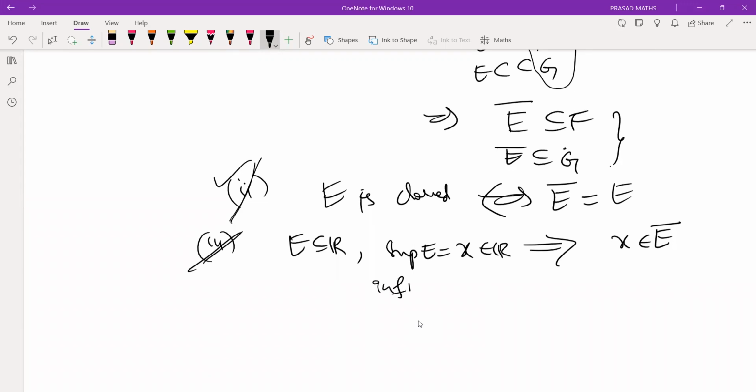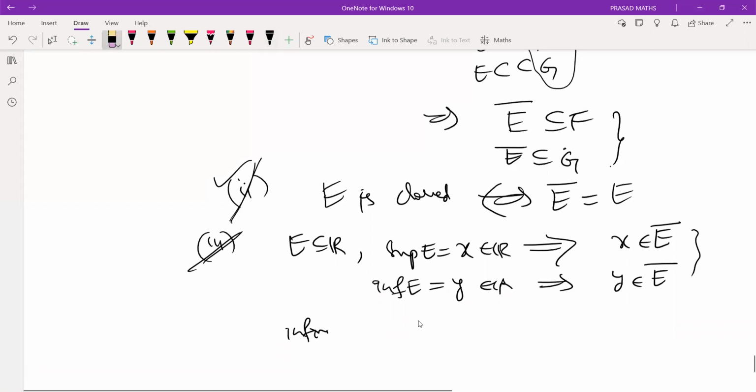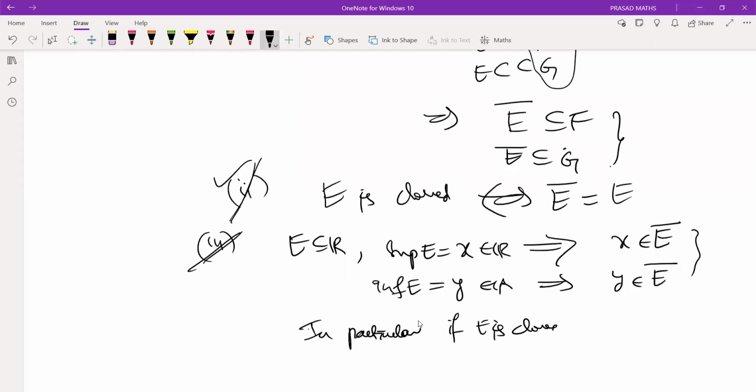If at all there is an infimum, that infimum also belongs to the closure of the set. This is also very important. In particular, if it is a closed set, then X comma Y should be in E.